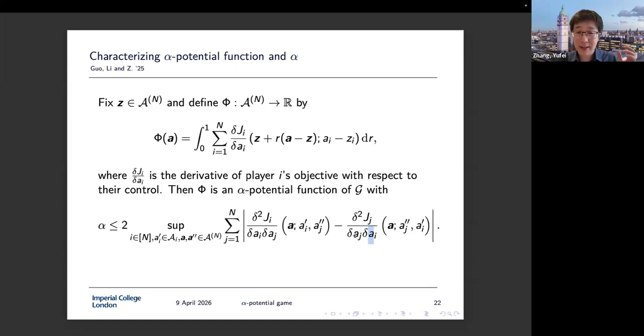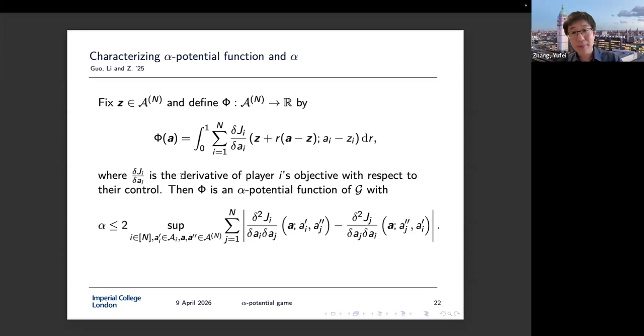So it does not involve homogeneity over all players, but only some sort of pairwise asymmetry. Once you construct such a potential function, you can minimize it, and it will give you a corresponding alpha Nash equilibrium.